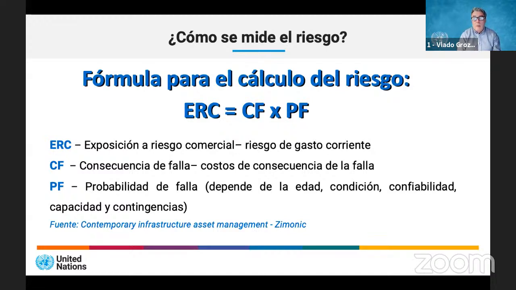Reliability of assets also, capacity, and external hazards. As I said, natural hazards or man-made hazards or hazards caused by wrong design of our assets. So all these factors should be used to determine the risk measures. And it's a simple formula, calculating these two to get the risk result or estimation. Next slide, please.